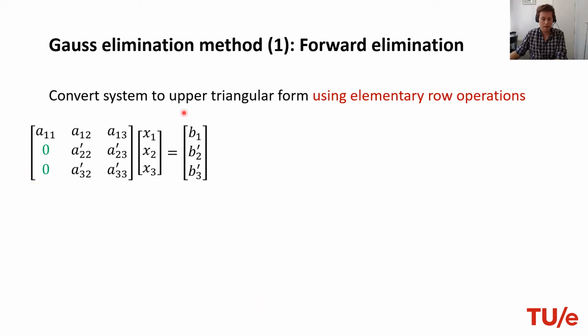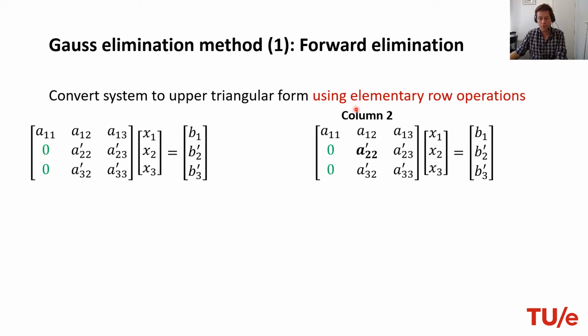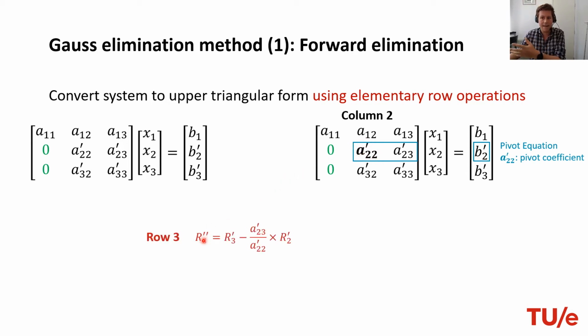I just copied that matrix over here, and then we move on to the next column and repeat this process. Below this pivot coefficient A22, or A22 prime more exactly, we want to get only 0. So we want to get rid of this A32 prime and put it to 0. The pivot equation is now the second row and the pivot coefficient is A22 prime. What we do is completely analogous to our first column.